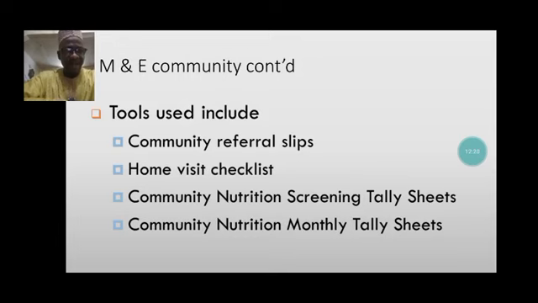M&E, that is monitoring and evaluation, community tools that are normally used: 1, the community referral slip, the home visit checklist, the community nutrition screening tally sheet, and the community nutrition monthly tally sheet.